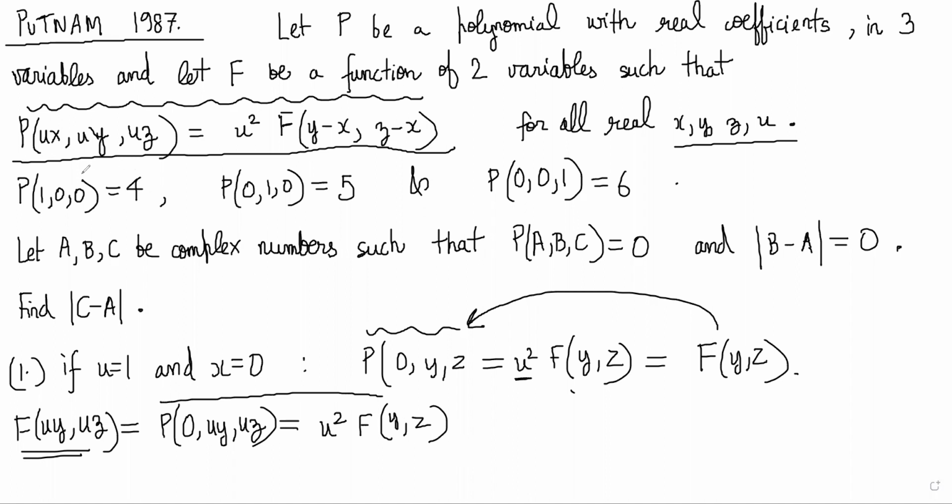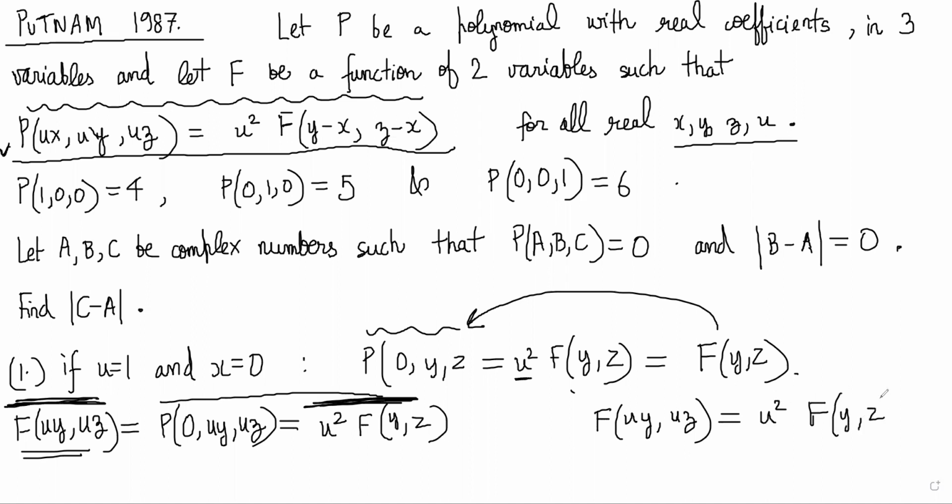So from this result, if I put uy, uz, we are getting x is 0 basically. So you'll get u square f of y and z. Now keep in mind this connection: f of uy uz is becoming u square f of y and z.